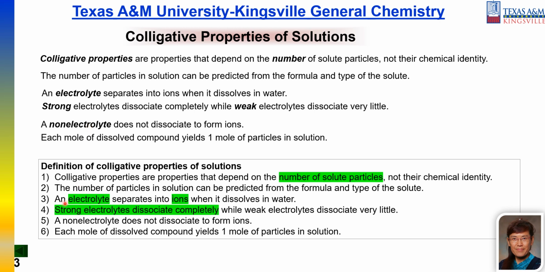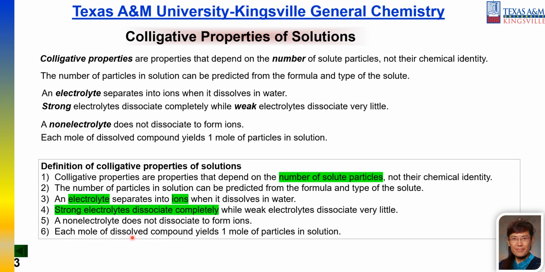If you have an electrolyte, it is going to dissociate into ions when it dissolves in a solvent such as water. A strong electrolyte dissociates completely, whereas a weak electrolyte dissociates only a very small portion. The non-electrolyte does not dissociate to form ions.